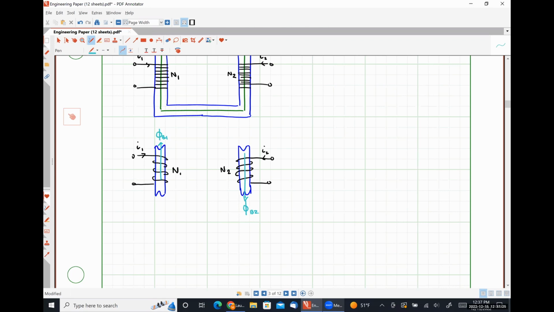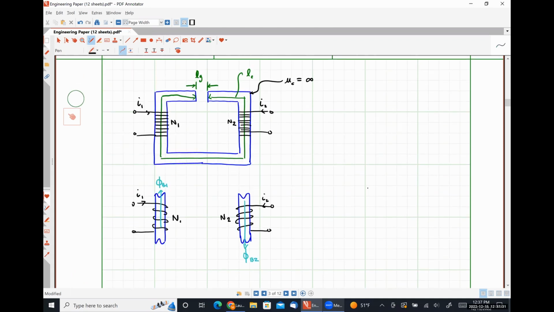So from a magnetic circuit perspective, what I have is something like this. Here's MMF of coil 1, which is just N1 times I1.